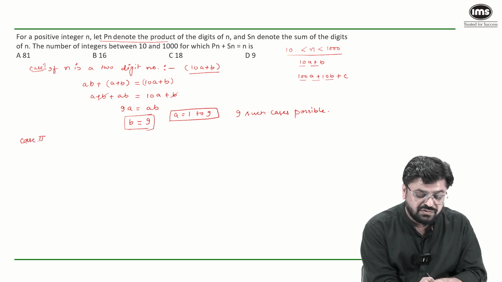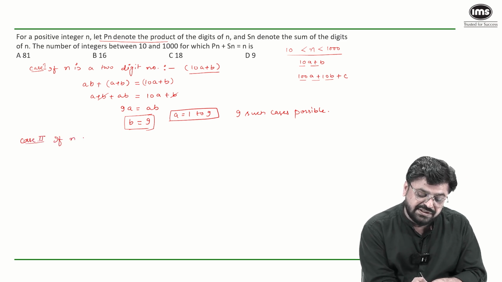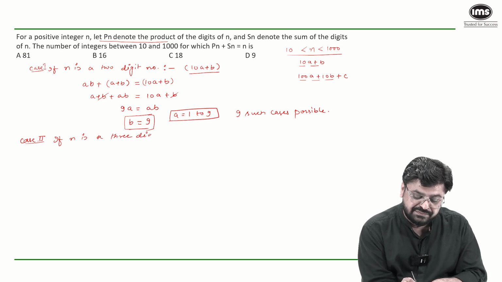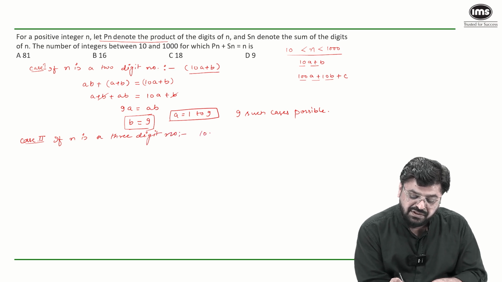Case 2, if n is a 3-digit number, then it will be 100a plus 10b plus c.